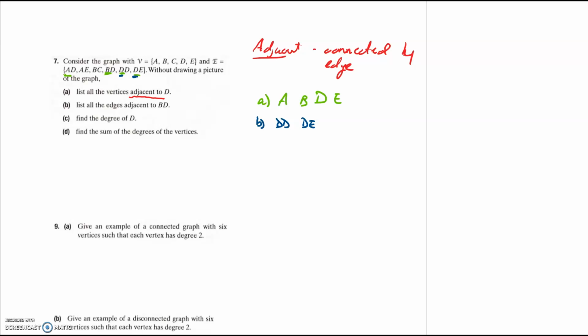Right? So if I start at D and go back to B, that means that I can then go to C. So B, C. And I missed one going forward. I missed AD here as well. So there is a list of all of my edges that are adjacent to edge BD.